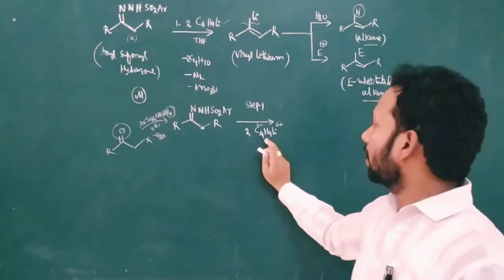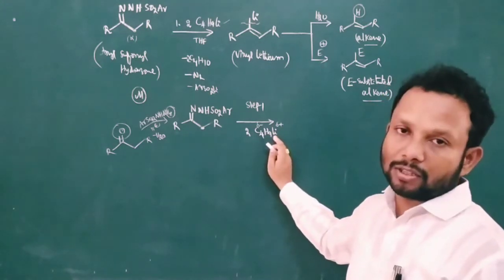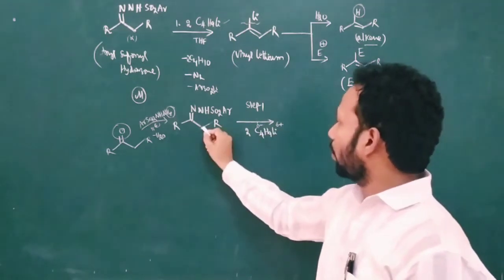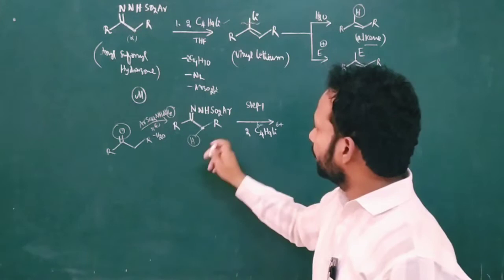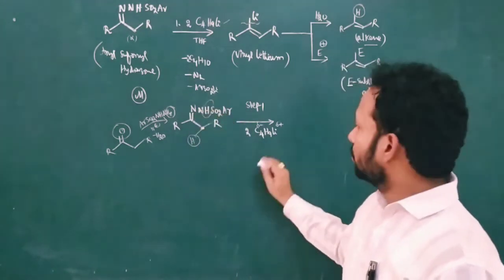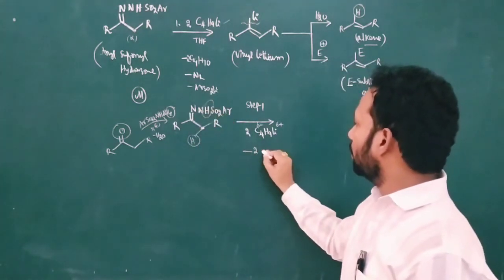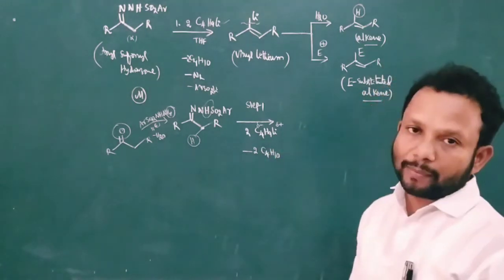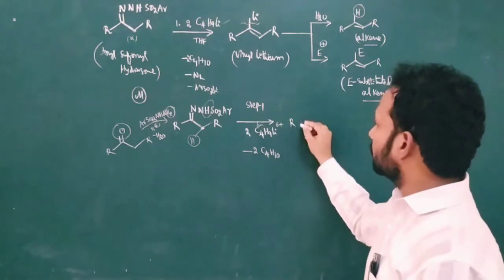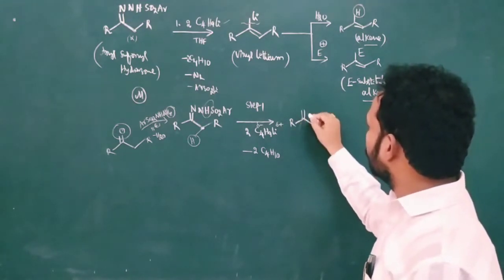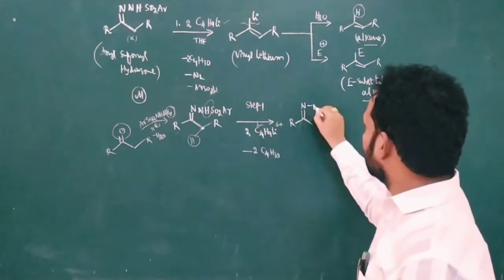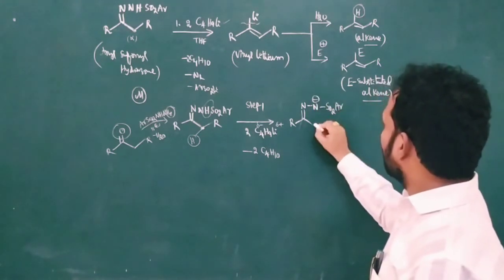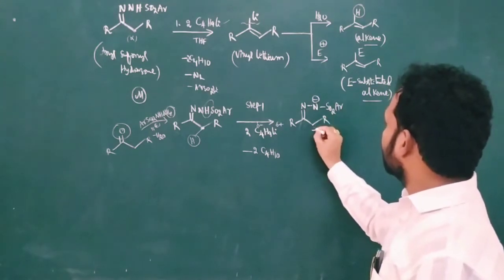This butyl group abstracts 2 protons from the hydrazone, one from carbon, another from nitrogen. Loss of 2 protons, so elimination of 2 butane molecules, forms a dianion lithium salt. One proton from carbon leaves a negative charge, and one from nitrogen. So this is called a dianion lithium salt.